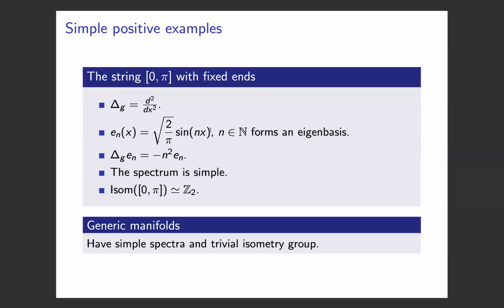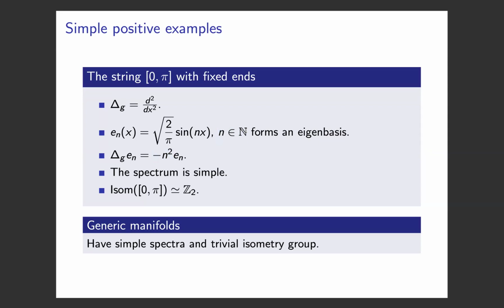This is an eigenbasis of the Laplace operator. The eigenvalue is negative n squared, indexed by n from 1 to infinity. So no two distinct eigenfunctions have the same eigenvalue. So the spectrum is simple.